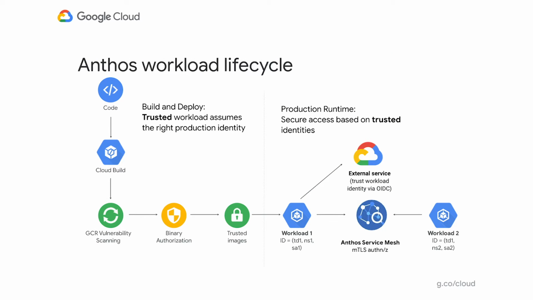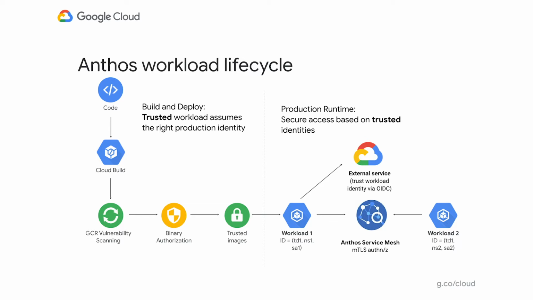So provenances can be tied with the right production identity, it can tie together the provenance to the production privileges that a workload can assume, and ultimately the production resources that the workload can access. So the goal for the deploy phase is to ensure that only trusted workload can assume the right production identity. Then during the runtime phase, making sure that secure accesses are carried out only by trusted production identities.